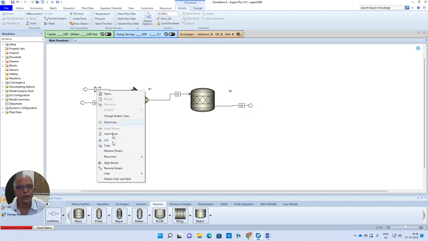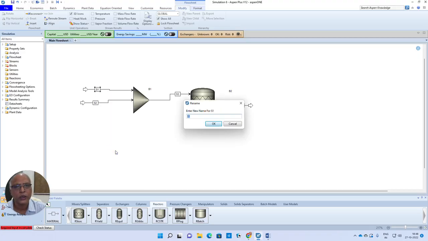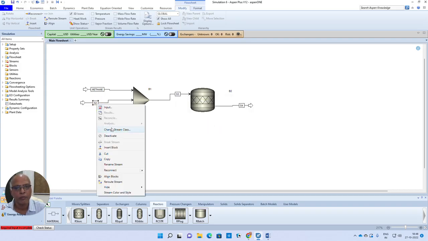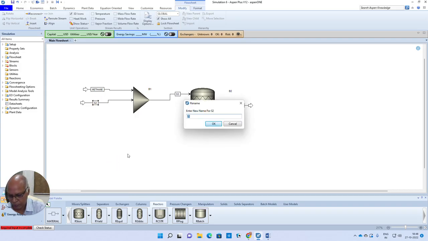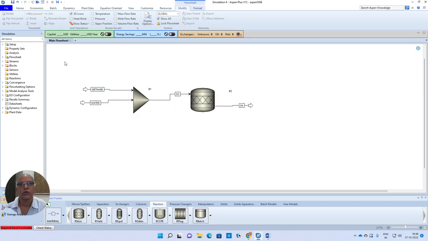For convenience, the other one is water. So let us go and try to define our problem.